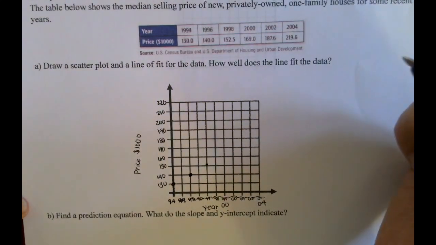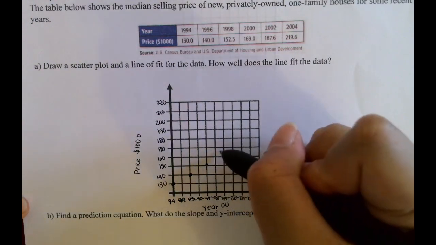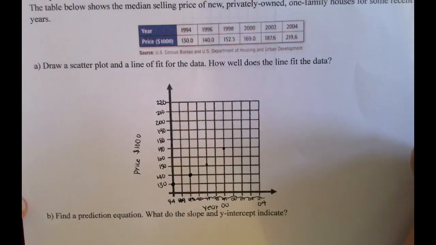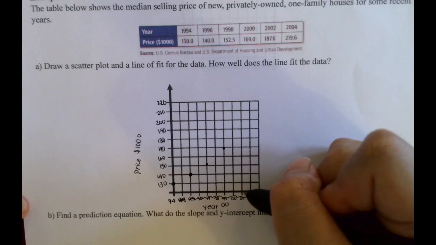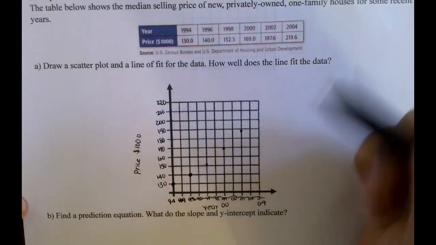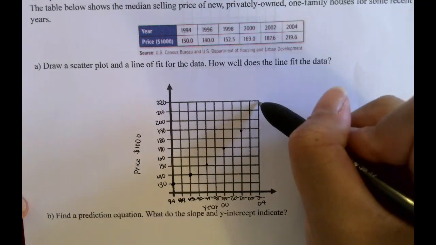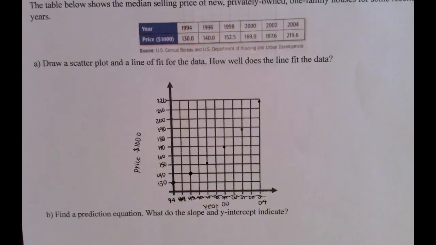Okay, next one is 2000, that's at 169, here. And then 2002 is 187, so that's about here. And then 2004 is 219.6, and so that's about here. Okay. So this is my scatter plot.